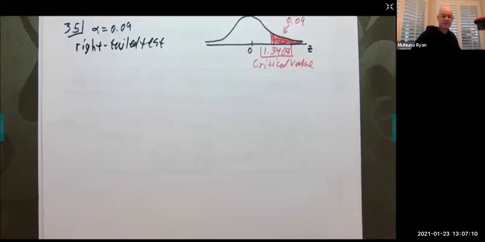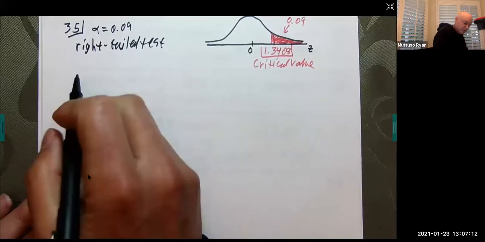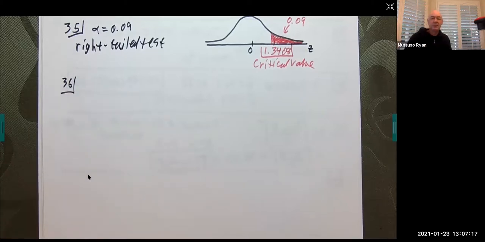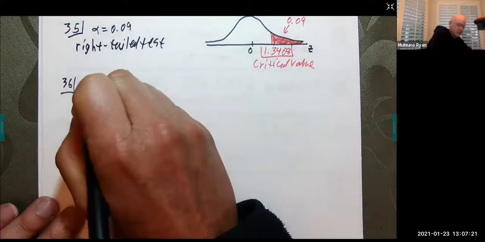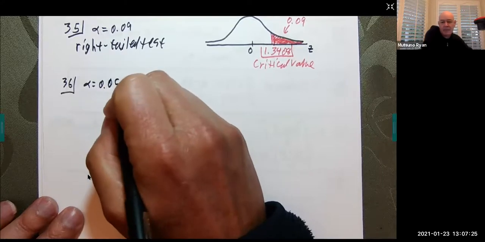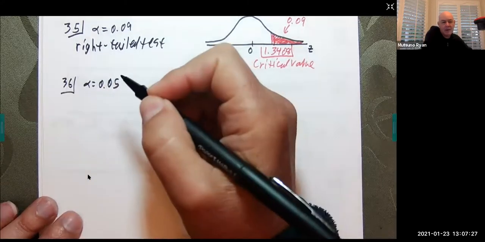Number 36. They want to find the p-value on this one. They tell us that alpha is 0.05, and they want us to come to a conclusion.